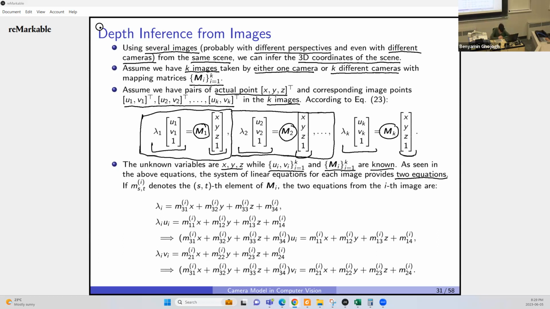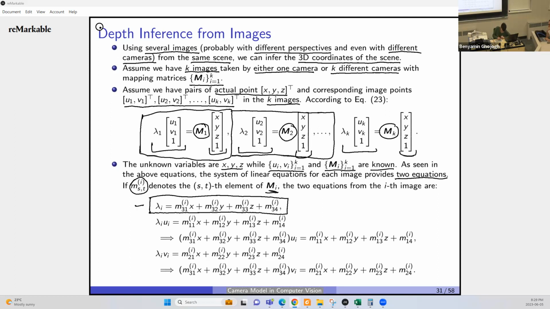How many unknowns do we have? Let's first talk about it. I think I have already mentioned it here. For example, lambda I: consider the ith camera or the ith image. Then lambda I equals the last row of that M. Let M_st^i denote the st-th element of MI, the mapping matrix for the ith camera or ith image.